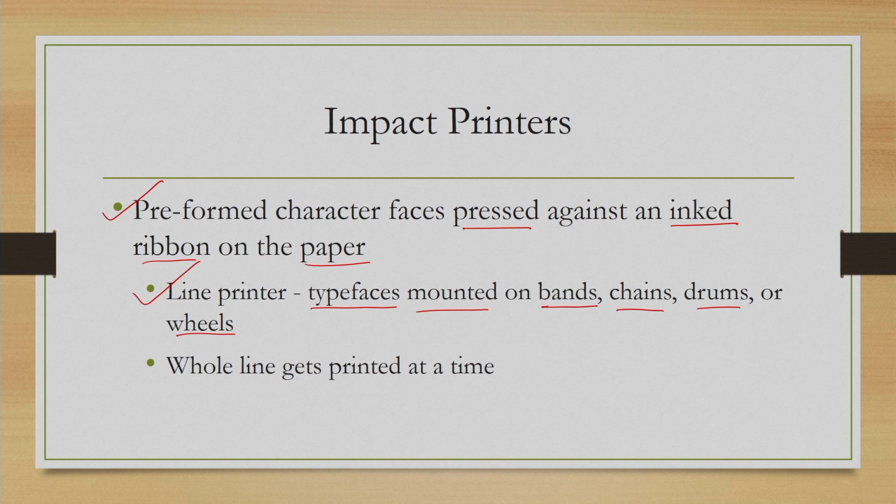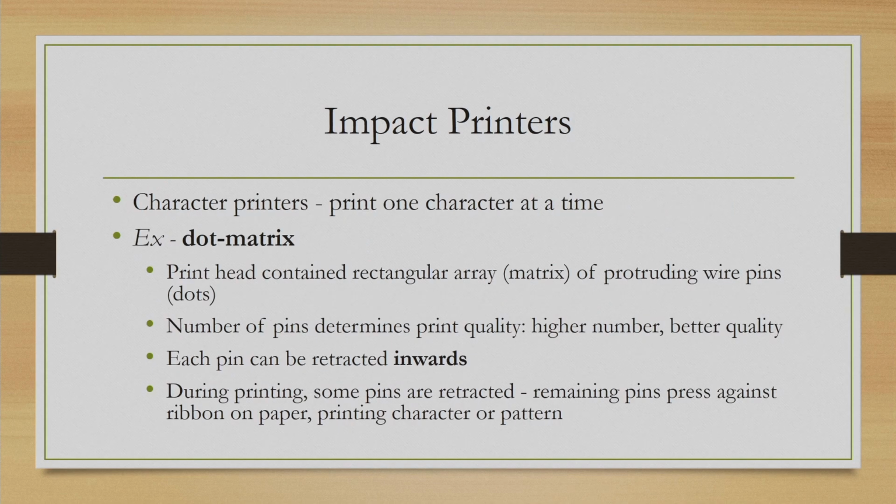So, in case of line printer, whole line gets printed at a time. There is also character printer. In that case, one character at a time is printed. Example is dot matrix printer.